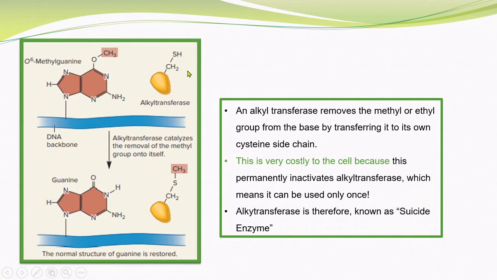But luckily, there is an enzyme, alkyl transferase, that removes the methyl or the ethyl group from the nitrogenous base by transferring the methyl or ethyl group to its own cysteine side chain. So the alkyl transferase enzyme has a cysteine side chain, and the alkyl group is shifted to the side chain.